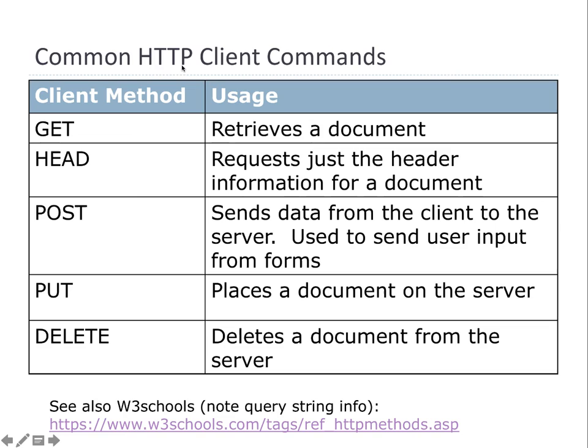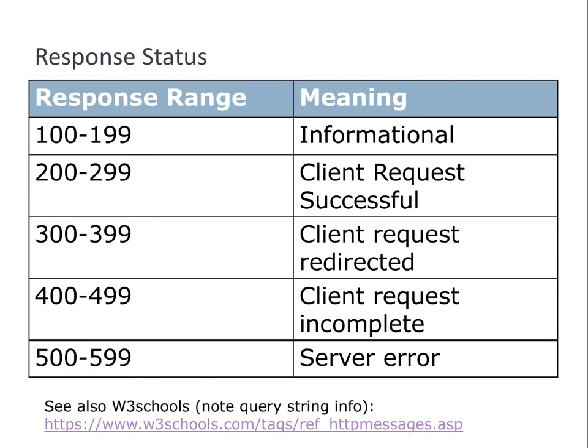So from the client side of things, in that HTTP request, you can have different methods such as get, head, post, put, and delete. Most common of these being get and post historically. And when you get a response back from the server, there are some pretty common numbers like 404 not found or 200 success.